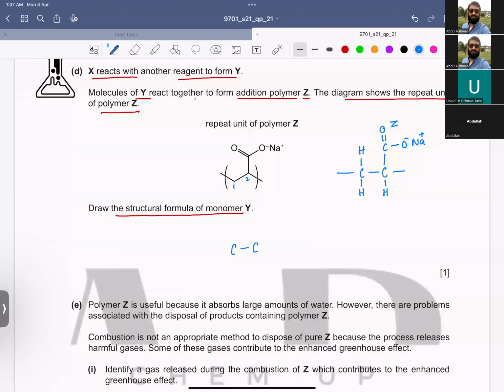Then between those two carbons which have empty bonds, you make a double bond and draw the whole structure as it was in the polymer. Sir, they have made the brackets and shown the repeat themselves. Yes. So you have to do this only.